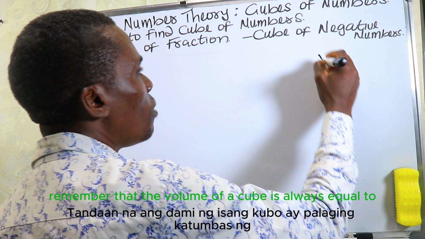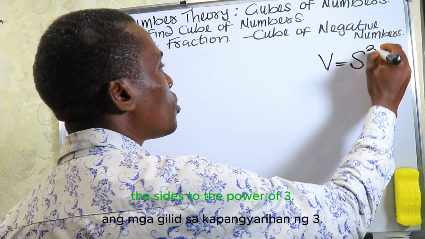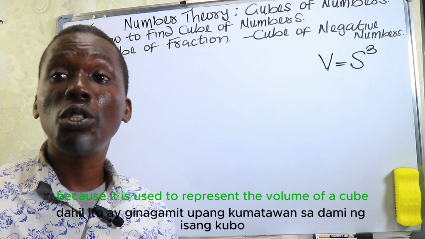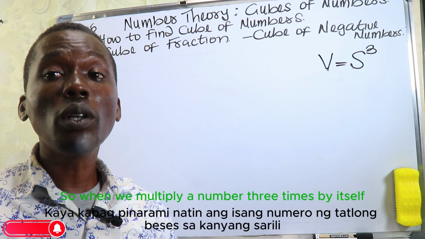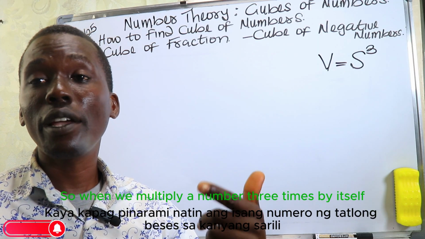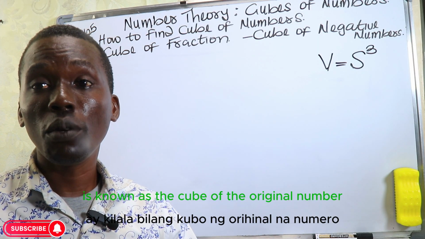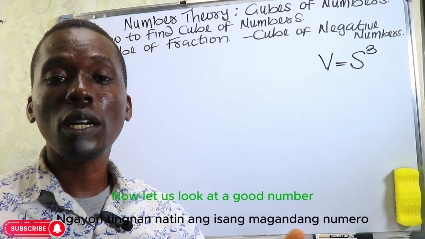Remember that the volume of a cube is always equal to the side to the power of 3. So when we multiply a number 3 times by itself, the product is known as the cube of the original number.